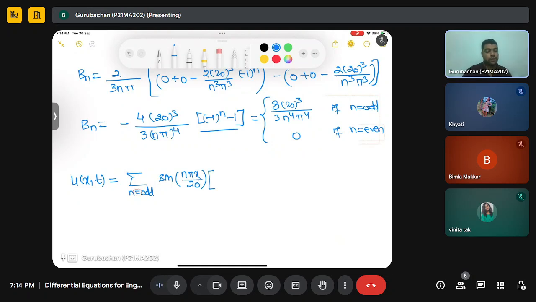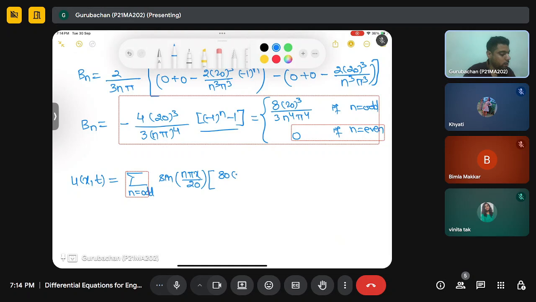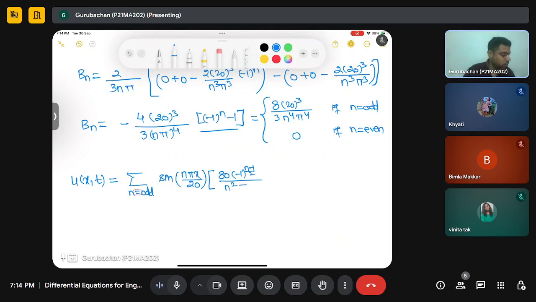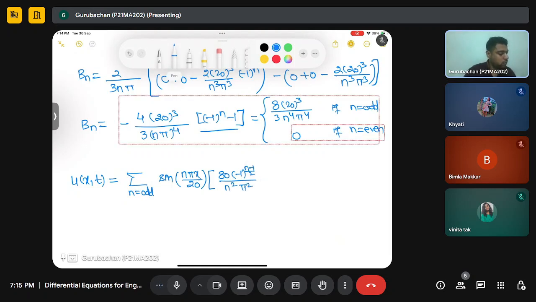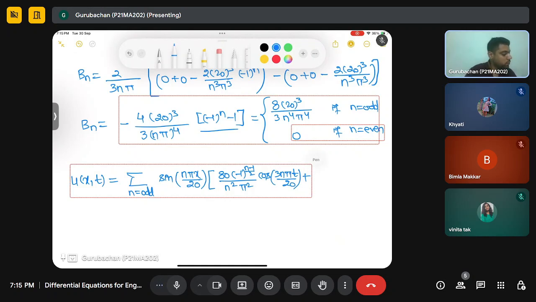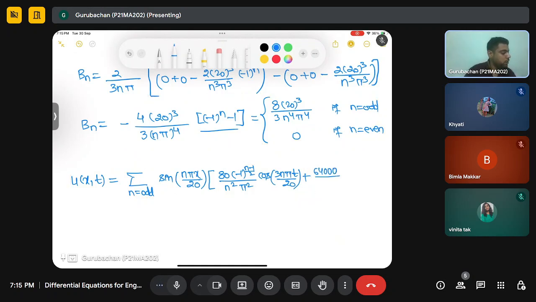Your an was 80 times minus 1 to the power (n minus 1)/2 divided by n square pi square, cos 3 n pi t by 20, plus 8 times 20 cube, which can be solved, so it will be 64,000 divided by 3 n to the power 4 pi to the power 4, sine 3 n pi t by 20.